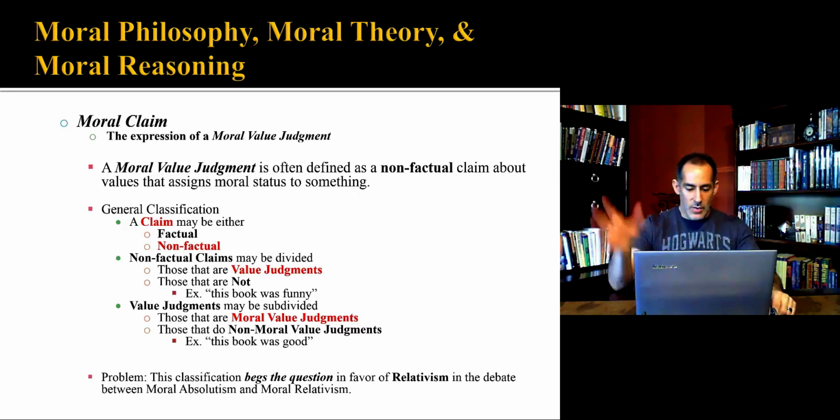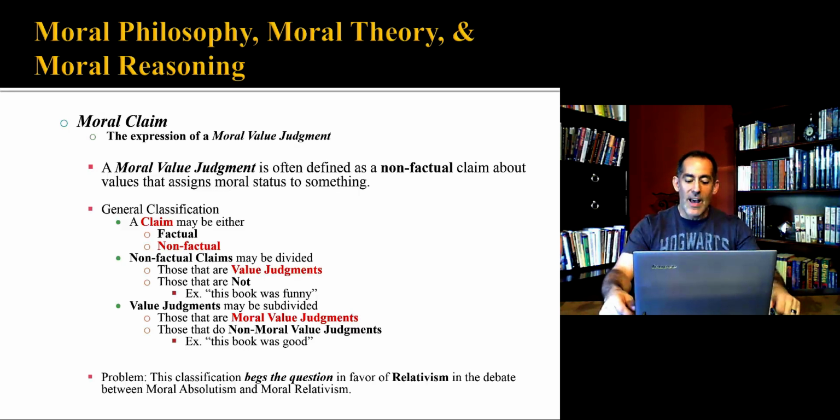Go down, non-factual claims can be subdivided between those that are value judgments and those that are not. For instance, if I say the book is funny, that is not a value judgment, but it's a non-factual claim.